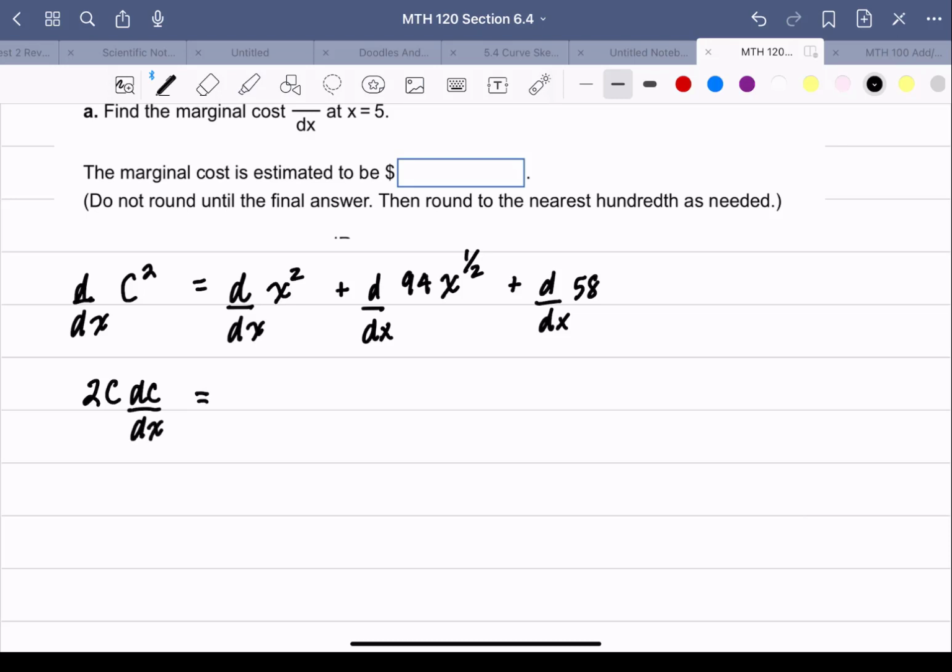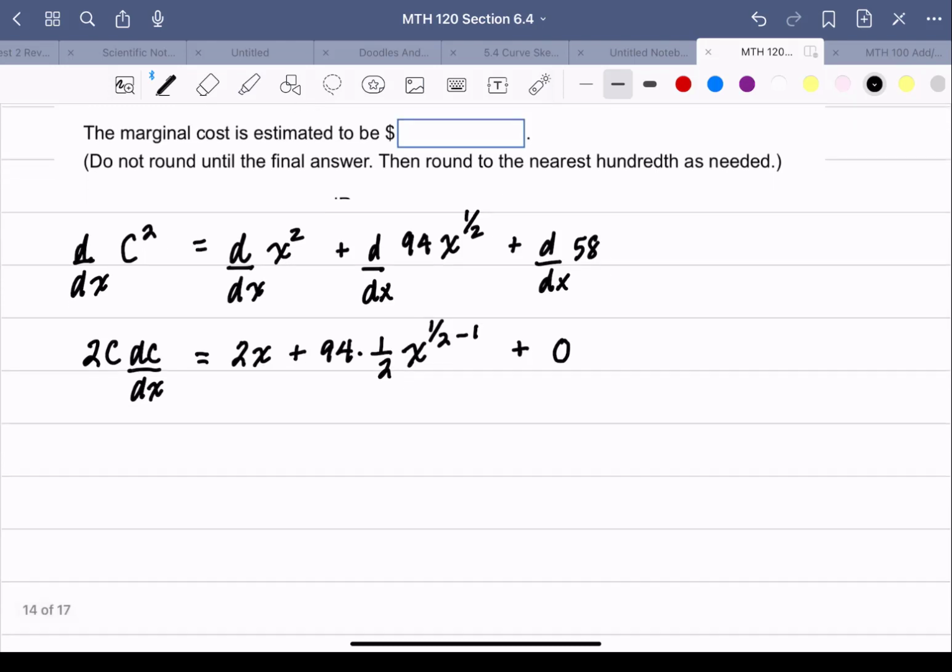The derivative with respect to X of X squared will simply be 2X. The derivative with respect to X of 94X to the 1/2 will be 94 times the power 1/2 and the base to the power minus 1, which is 1/2 minus 1, and the derivative of a constant is going to be 0.